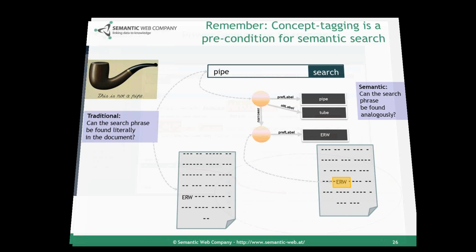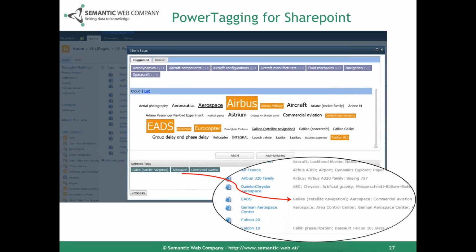Once again, remember, why is concept tagging so important? Because it's a precondition for semantic search. Otherwise, that won't really work on top of only algorithms. So that's how it looks for SharePoint. Power tagging for SharePoint: here you see a dialog.